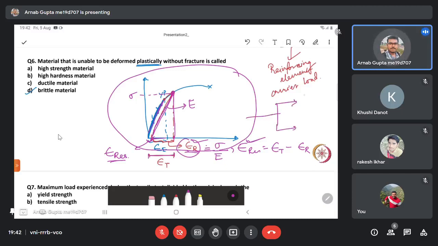First we are doing this at say room temperature, and second we are doing at an elevated temperature, say 500 degrees C, or maybe at 200, 300 degrees C. Then what differences will you notice between these two particular loading conditions?